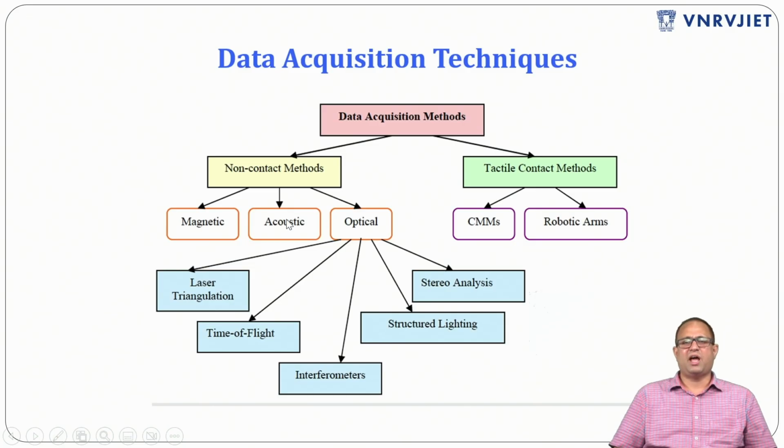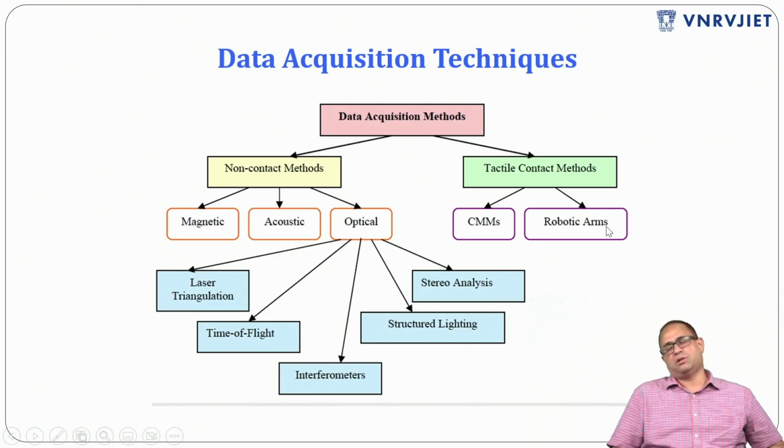As you can see, these are the data acquisition methods, for non-contact and contact methods. Non-contact methods are done with the help of magnetic, acoustic, and optical. Optical is again divided into laser triangulation, time of flight, interferometers, structured lighting, and stereo analysis. This is where optical scanning is done. With tactile methods, we can use either a CMM or robotic arms.